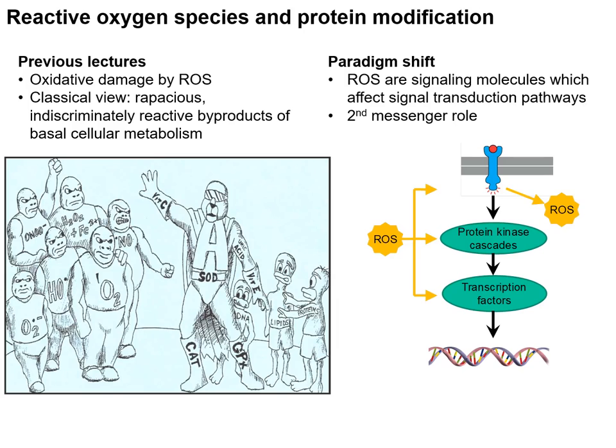This slide shows the concept in a little bit more detail. In previous lectures, I've been talking to you about oxidative damage by reactive oxygen species. The classical view is that reactive oxygen species are considered rapacious, indiscriminate reactive byproducts of cellular metabolism that damage macromolecules. And that's illustrated in this cartoon here.